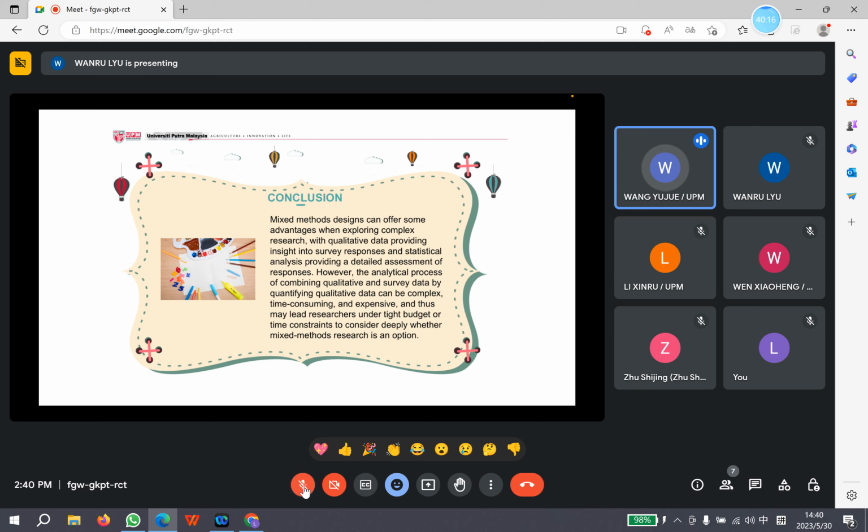However, the analytical process of combining qualitative and survey data by quantifying qualitative data can be complex, time-consuming, and expensive, and thus may lead researchers under a tight budget or time constraints to consider deeply whether mixed method research is an option. This is my part.